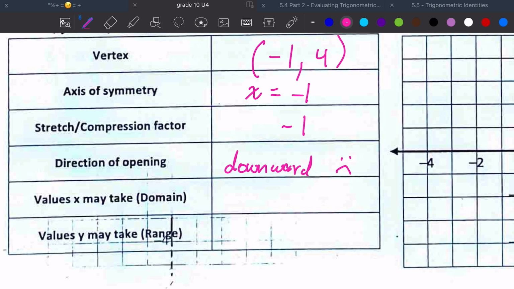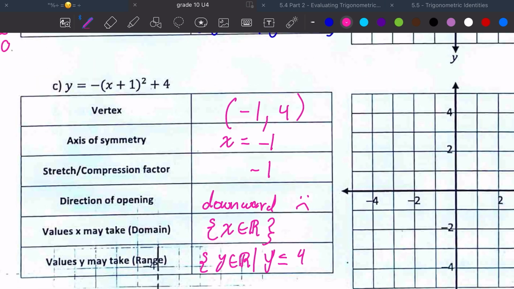And then the x value, the domain, is x ∈ R, and the y is y ≤ 4 because that's the maximum.